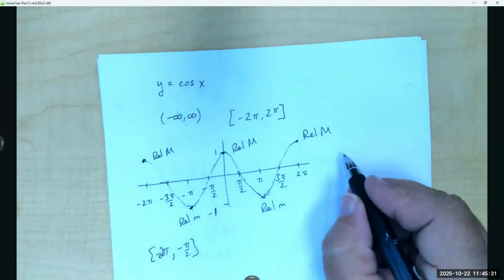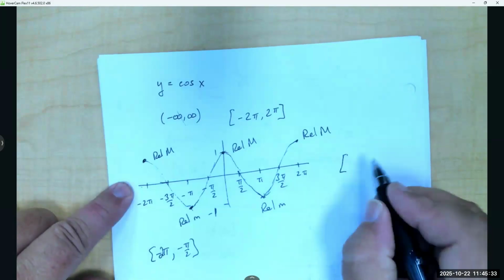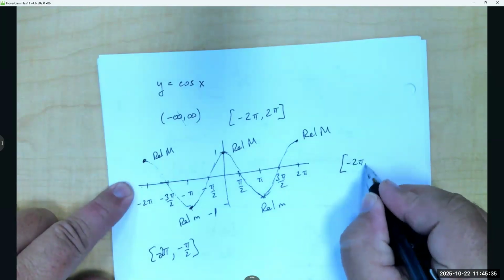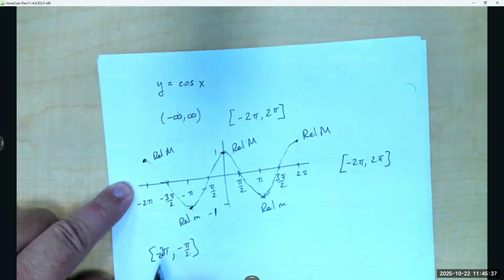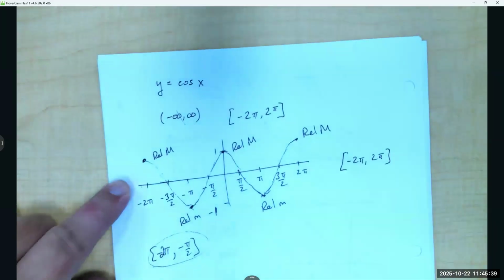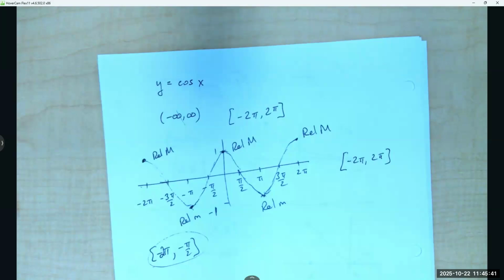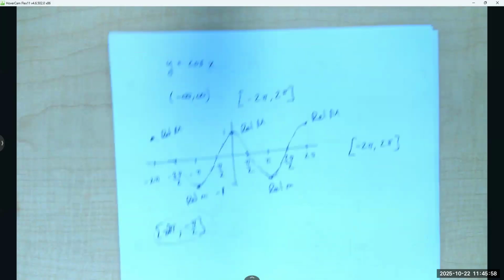No, because the overall domain is from negative 2 pi to 2 pi. This is simply a subset of the other one. So you can have multiple relative maximum, minima, but you only have one absolute maximum, minimum. Makes sense? Okay.